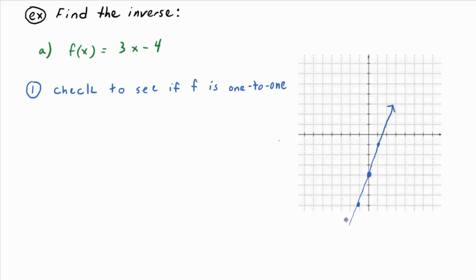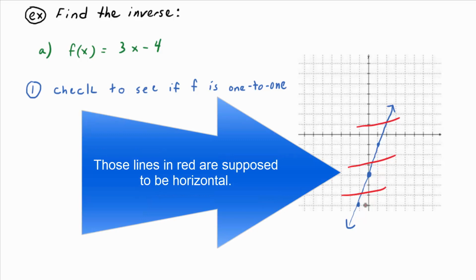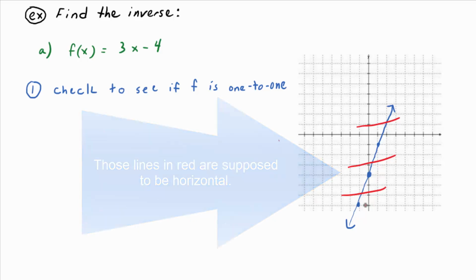Is that thing going to pass the horizontal line test? Is it going to be one-to-one? Yep. So I want to see the graph. I can't draw an infinite number of horizontal lines, but it has to be true for an infinite number of horizontal lines: each line has to only go through at most one point for it to be one-to-one. So draw me a few of them and show that it's obvious that any horizontal line would only pass through one point.